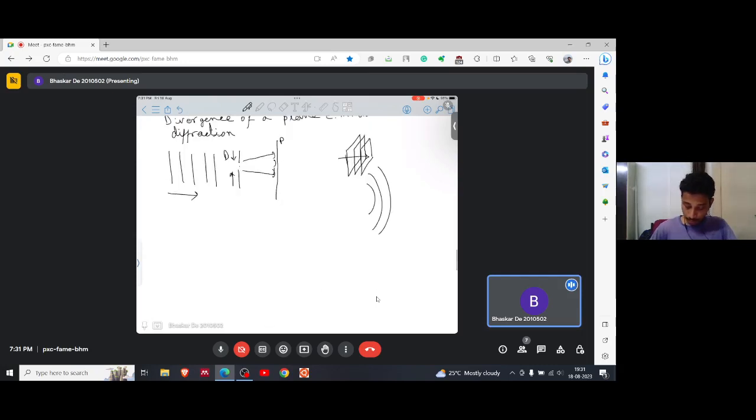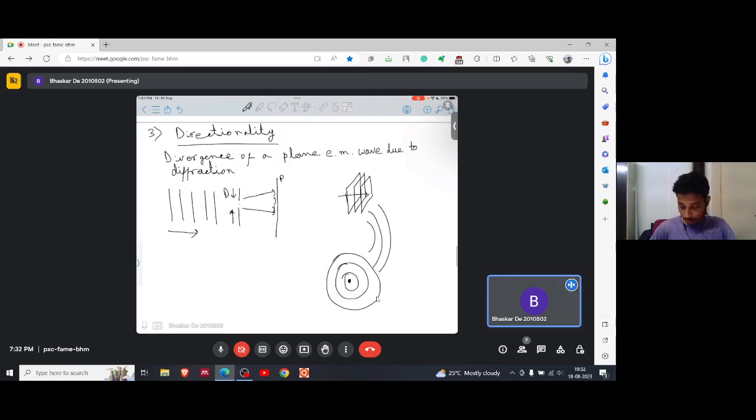When there is a point source, then we always see a spherical wavefront. When there is a tube light or something like that, then we will have a cylindrical waveform.